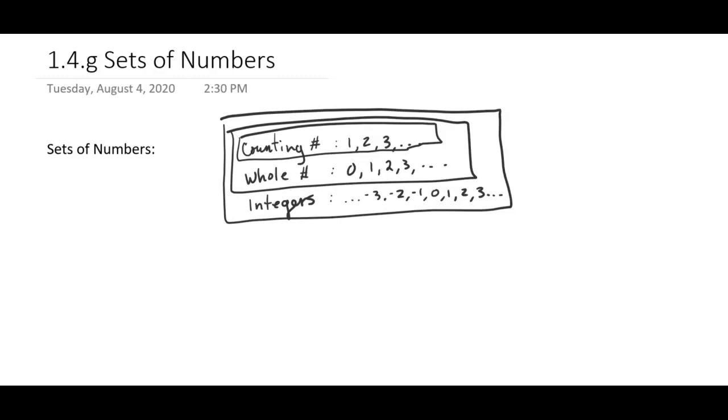So they make up our next set of numbers called the rational numbers. Rational numbers are any numbers that can be put in the form of P over Q, where P and Q are integers. That's the definition.